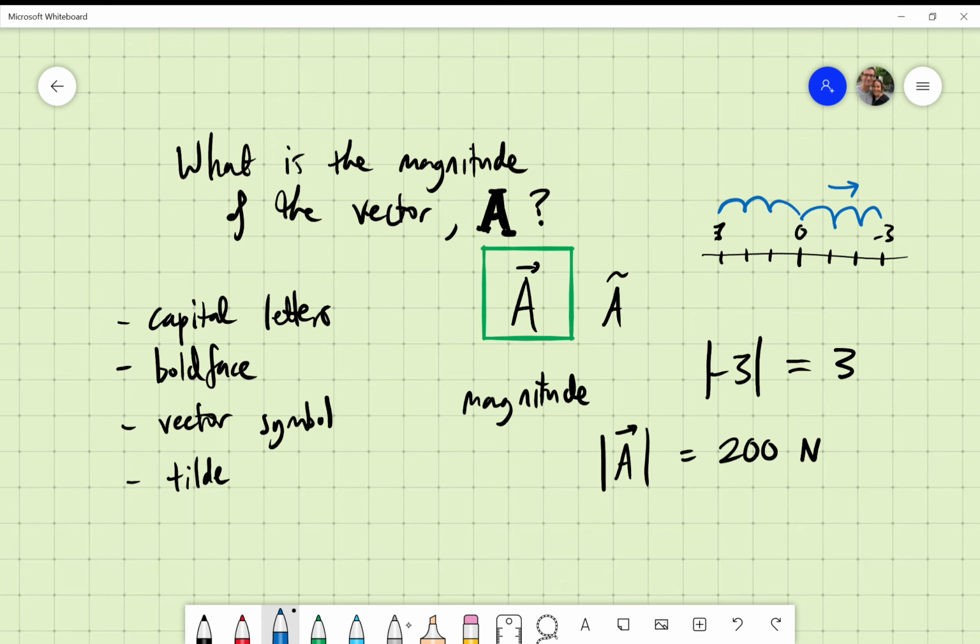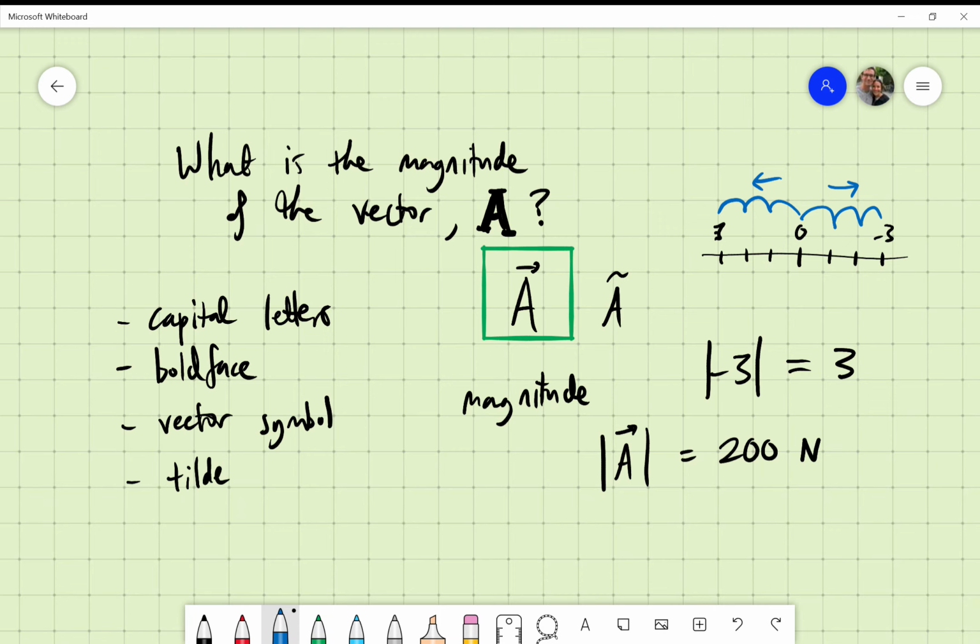It's saying, I don't care if you're moving to the left or to the right, I just want the amount of distance that you moved. And that is 3. I don't want direction, because positivity and negativity are actually directions. So you've actually been using vectors your whole life. But I just want the 3.